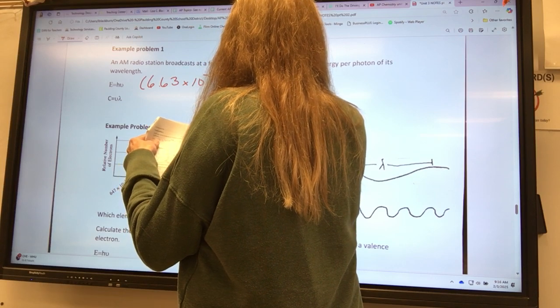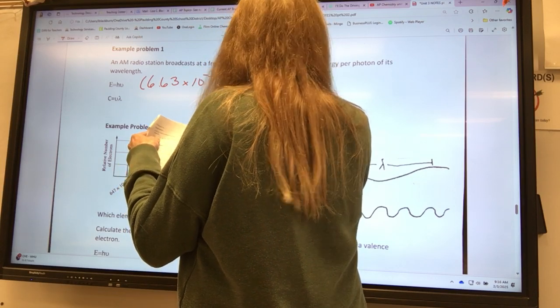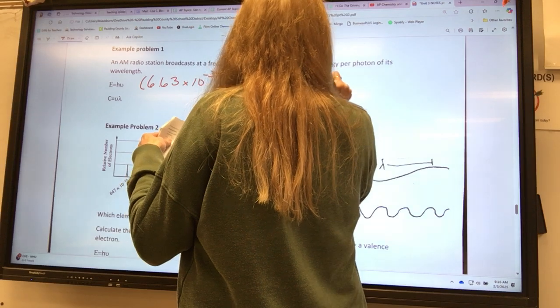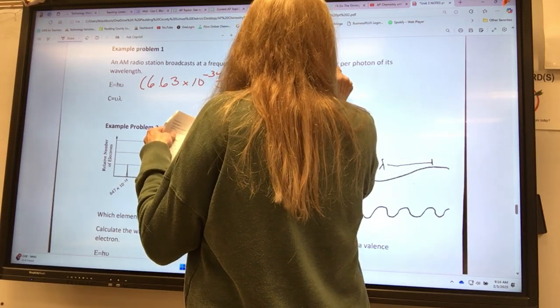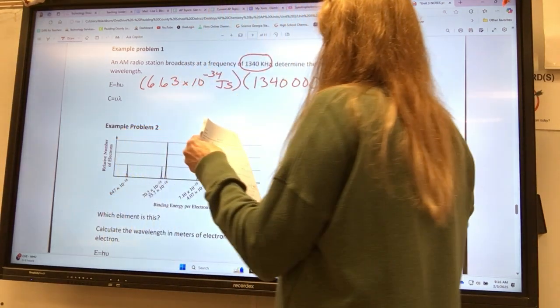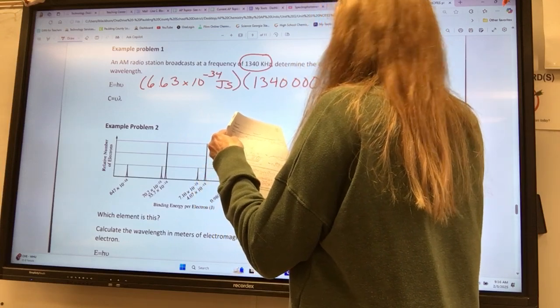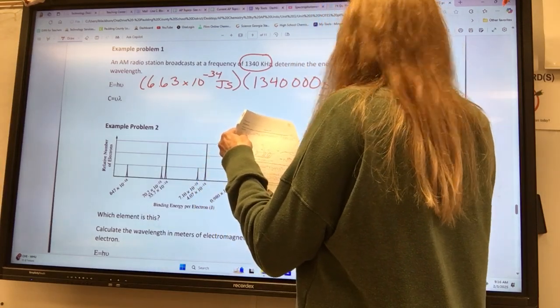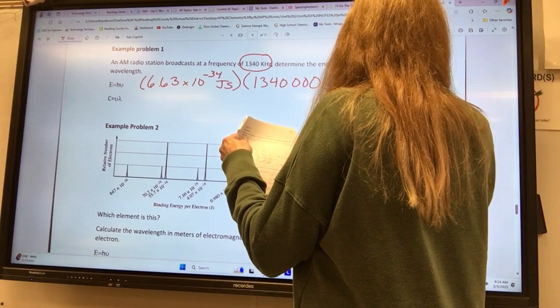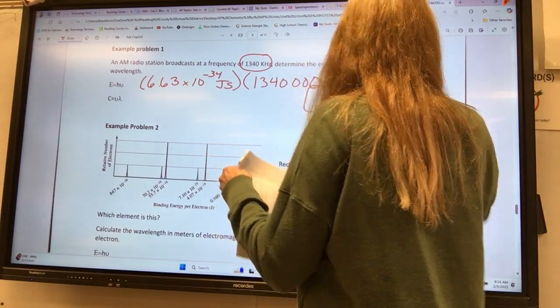I'm going to add the 3 zeros. And that is in hertz. We're going to do s to the negative 1. So we just multiply, and it equals 8.88 times 10 to the negative 24th joules. Put a box around it.